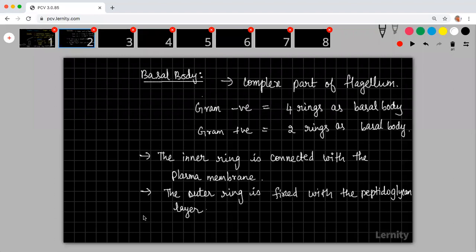The basal body allows 360-degree rotation. So we'll just study about the basal body.